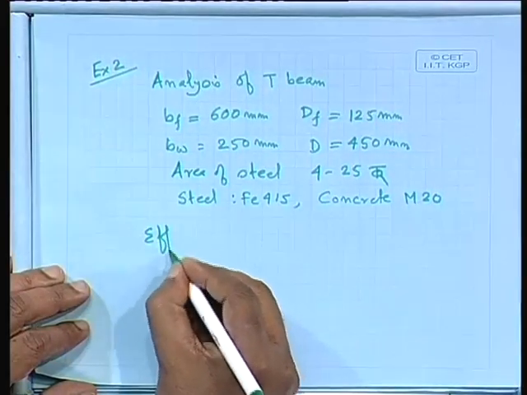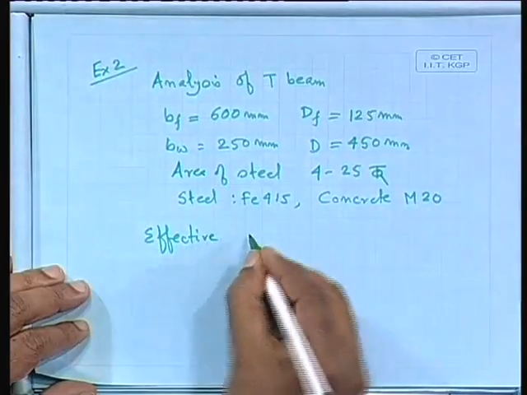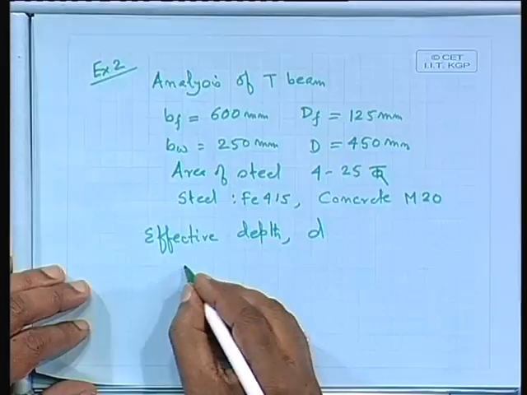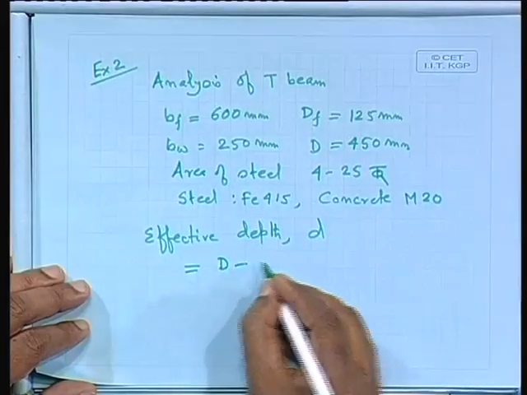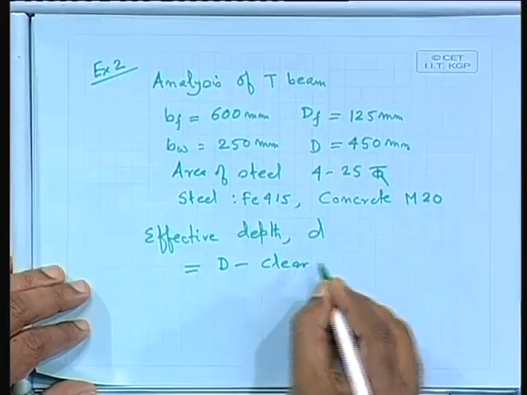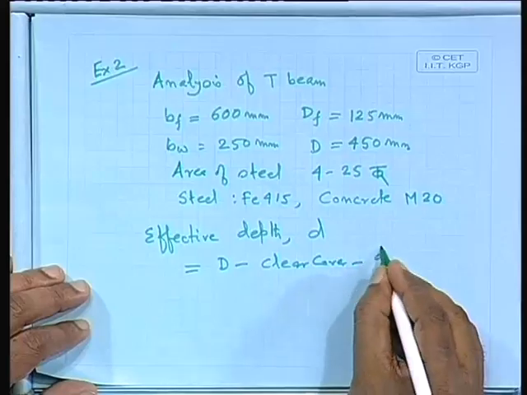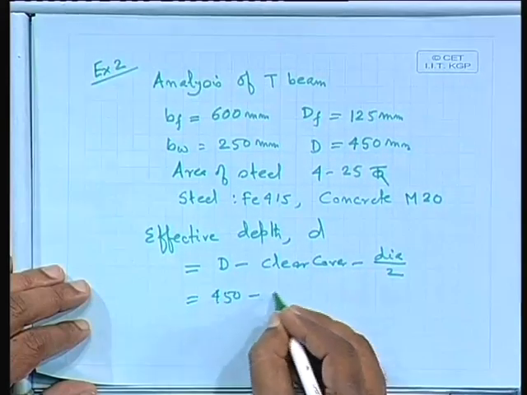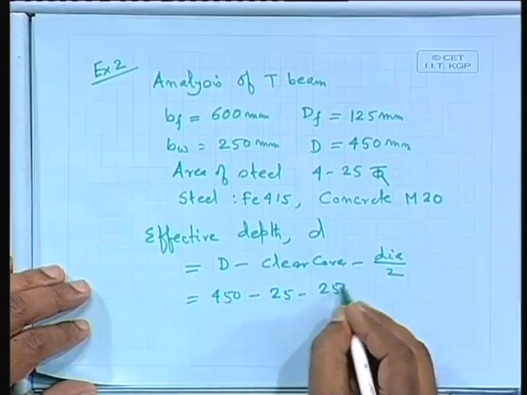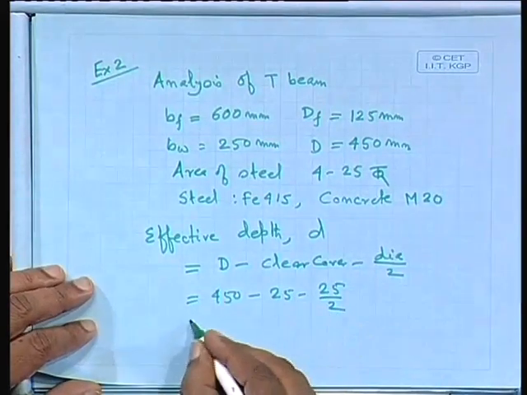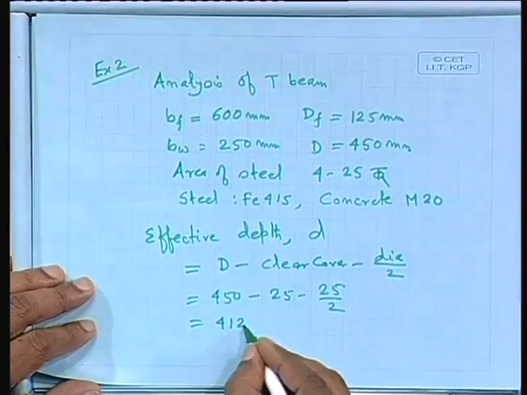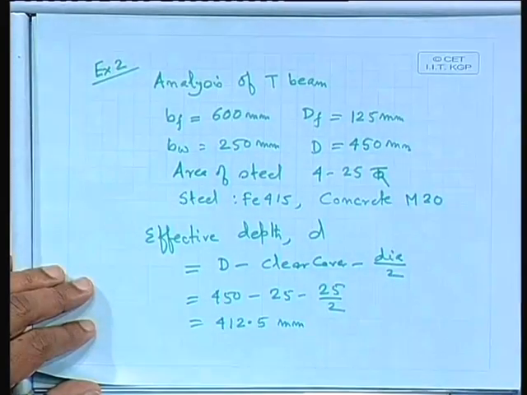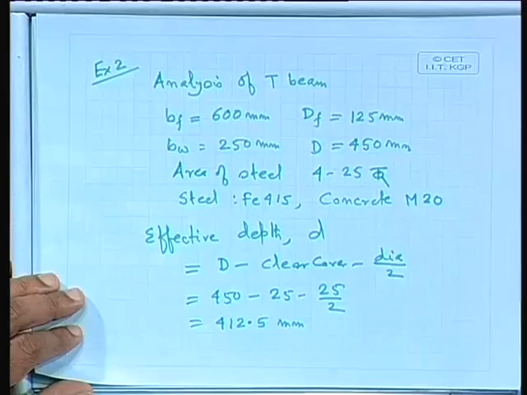Effective depth D equal to overall depth minus clear cover minus dia by 2 equals 450 minus 25 minus 25 by 2, which comes as 412.5 millimeter.